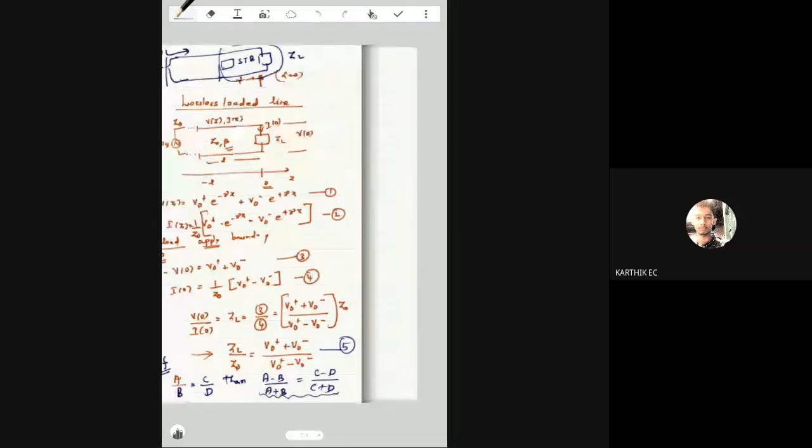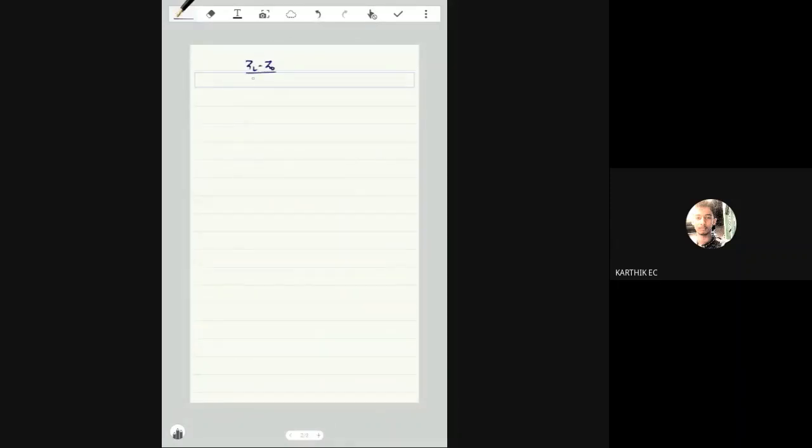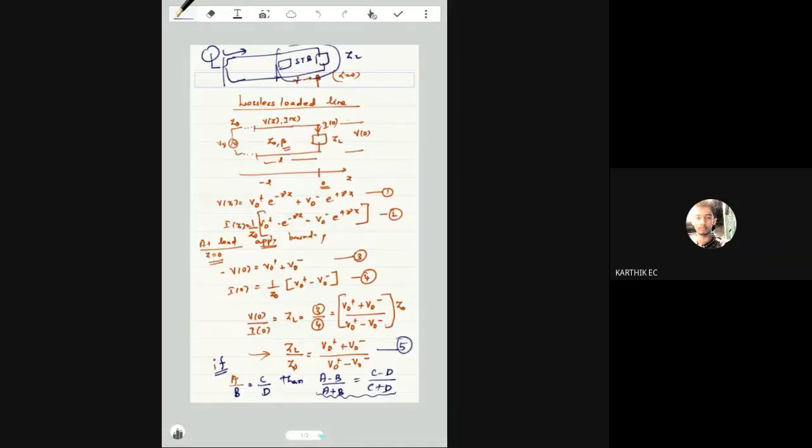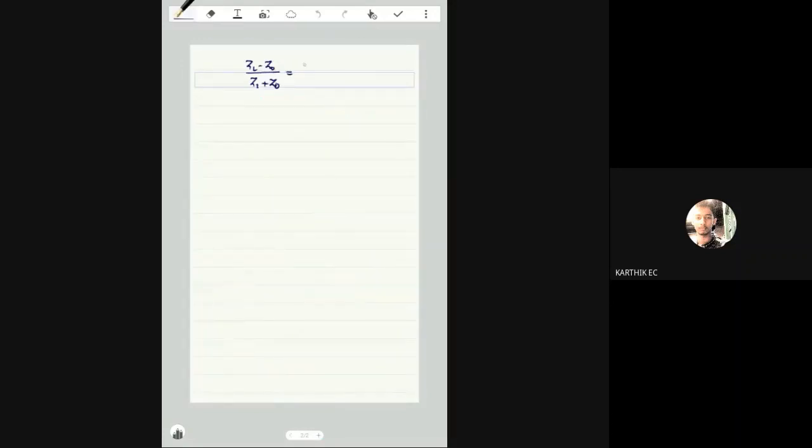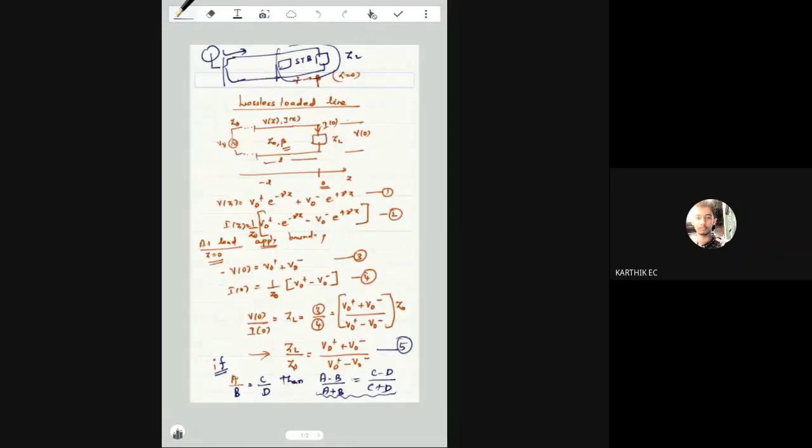Can I write (ZL minus Z naught) by (ZL plus Z naught) equals (V naught plus and plus V naught minus, again minus V naught plus, again minus V naught minus)? Is that correct? I'm going to take C minus D. This is my C, this is minus D. So this is C, V naught plus and V naught minus, minus V naught minus, again this is a plus, correct?